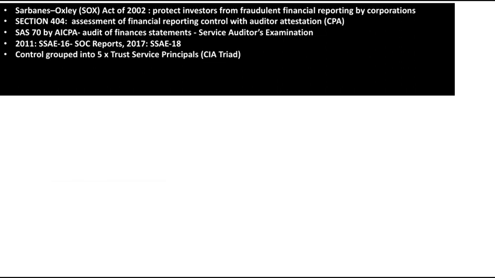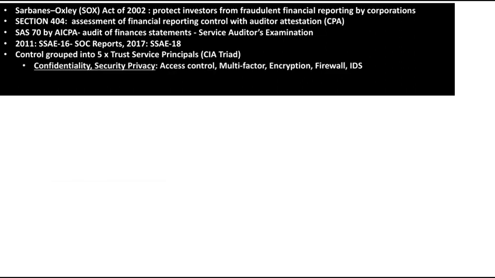So under SSAE 18, the control assessment was grouped into 5 trust service principles, and these 5 trust service principles are based on the CIA triad, or confidentiality, integrity, and availability triad.